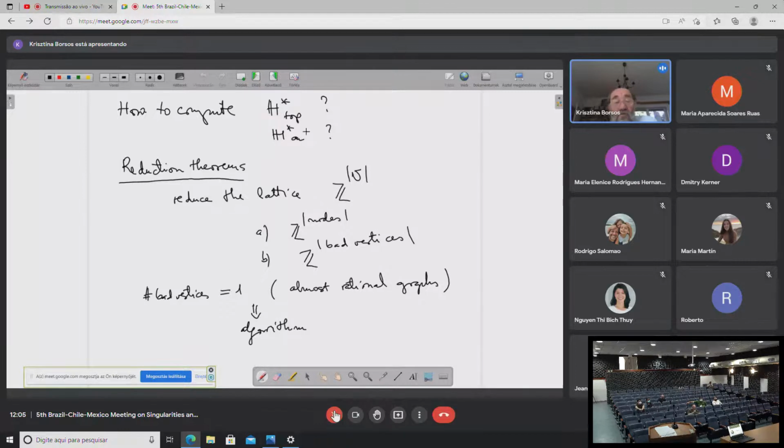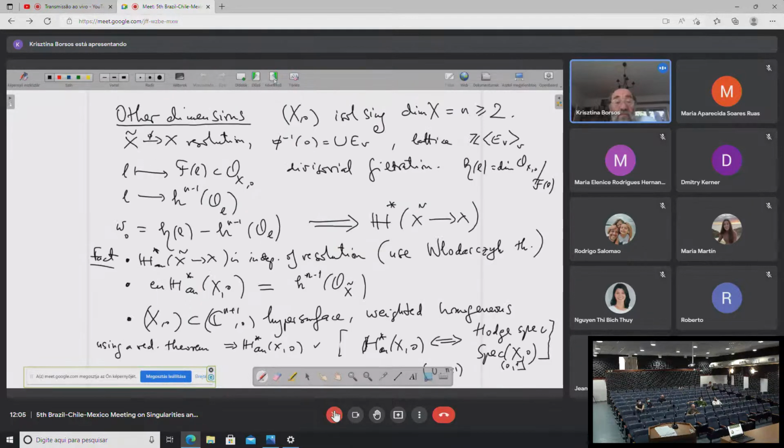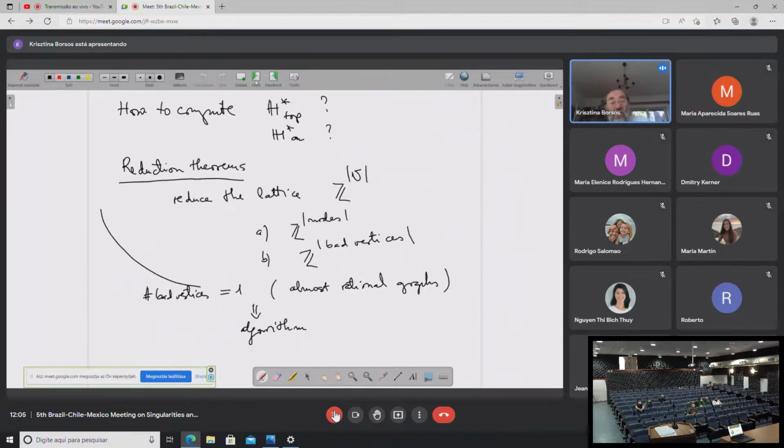There are some algorithms to reduce the rank of the lattice. These reduction theorems already exist, and we can do this. And yes, there are other dimensions. The curve case, or the higher dimension curve case, is also done. You can check on the internet, but probably I will not discuss that. So thank you very much.